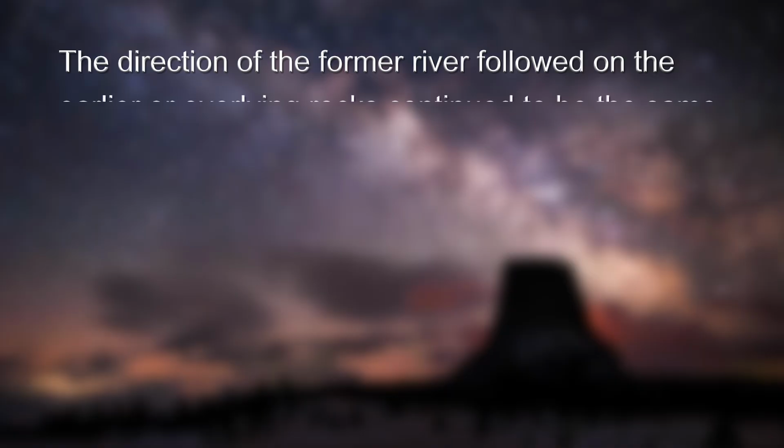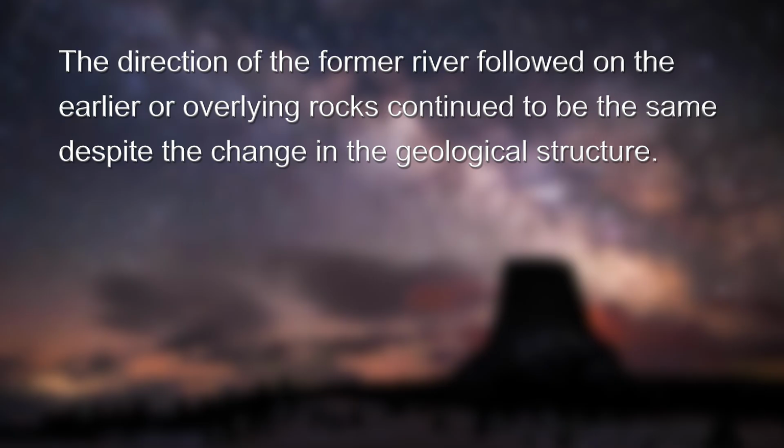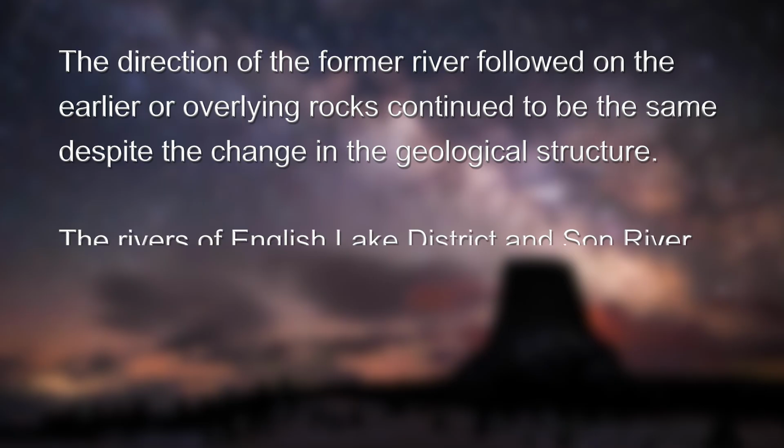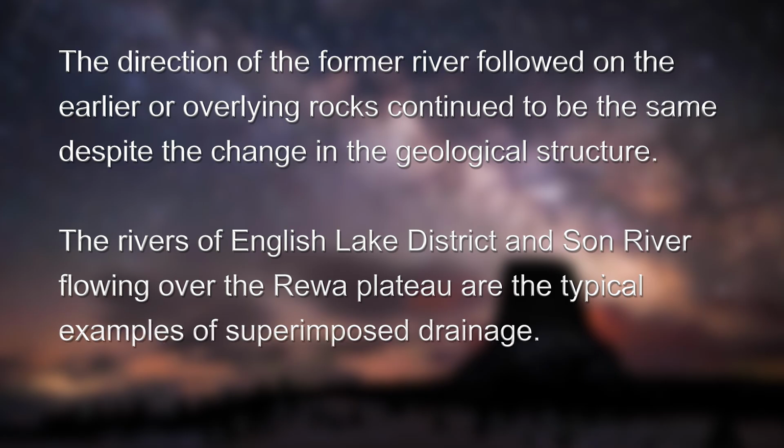The direction of the former rivers followed on the earlier or overlying rocks continued to be the same despite the change in the geological structure. The rivers of the English Lake District and the Son River flowing over the Rewa Plateau are typical examples of superimposed drainage.